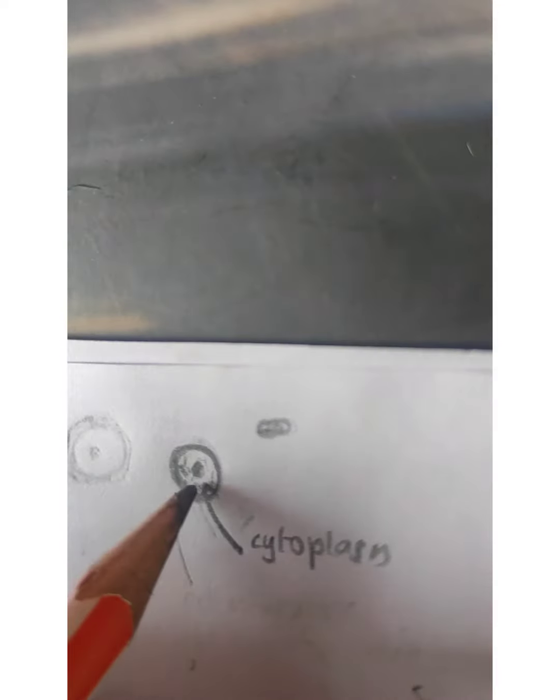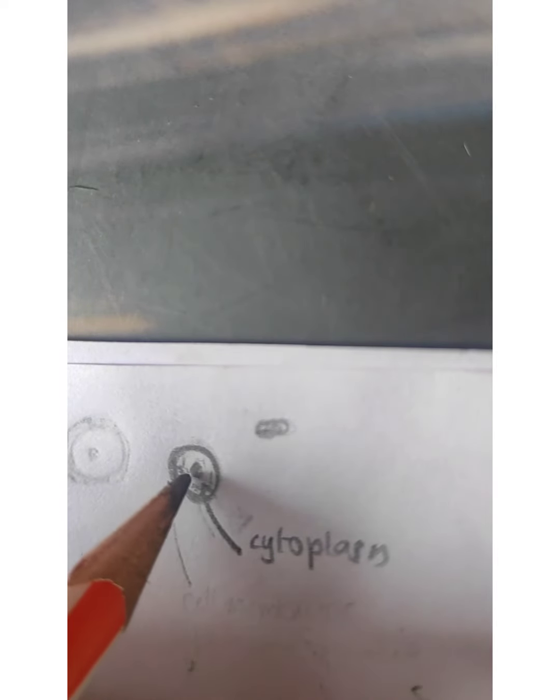Let's say mitochondria. If you take it outside, this is mitochondria. So it is also covered by a cell membrane. Therefore, certain organelles inside of the cell are covered by a cell membrane.